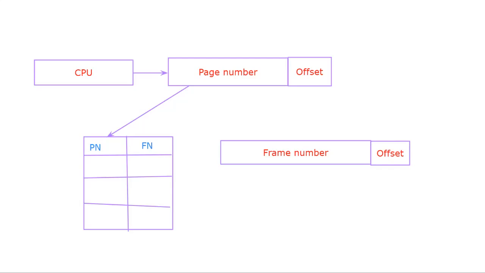Here page number and offset are there, and here frame number and offset are there. So again the mapping is being done.